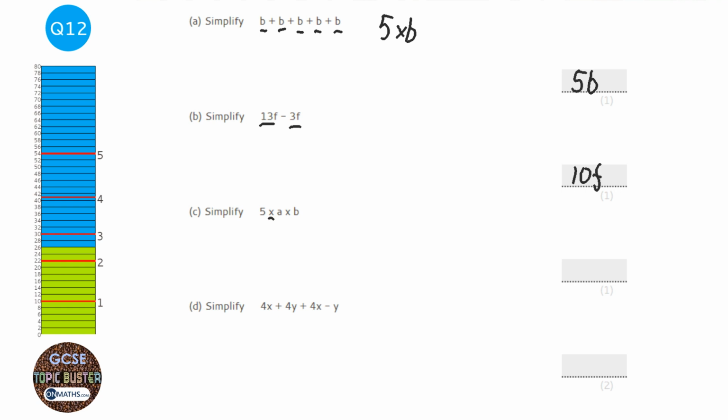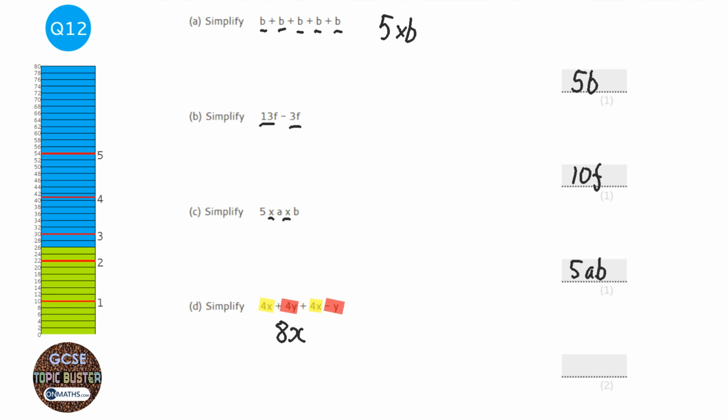Next one's quite simple because you just don't put the times signs in, so it's 5ab. Now the last one, well, we've got x's, which are here and here, and we've got y's, which are here and here. So if we do the x's first, we've got 4x plus 4x, so that gives us 8x.